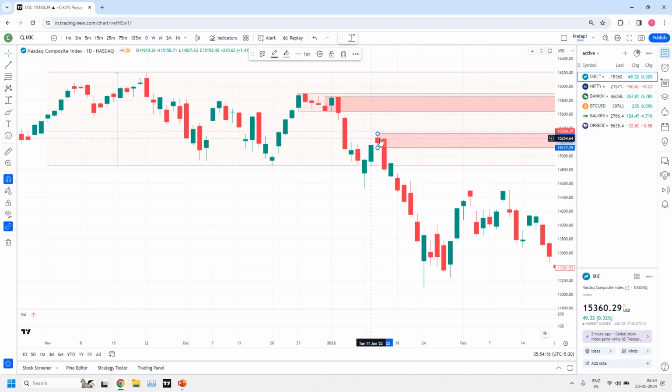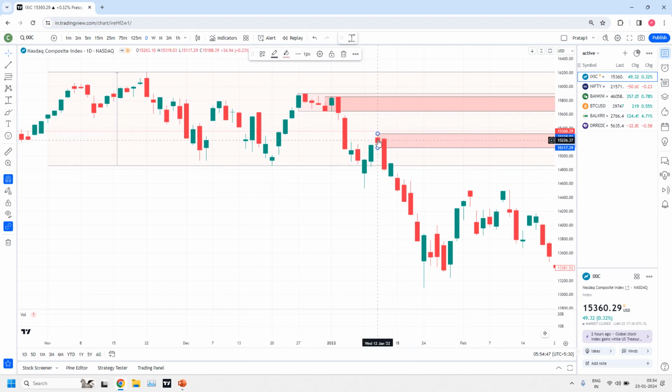When you have two such kind of zones like this, what is the first one? Sorry, let me repeat again. Daily is overlapped with weekly. Weekly is overlapped with monthly. Such kind of setup is having higher success rate compared to daily directly overlapped with monthly by bypassing weekly.